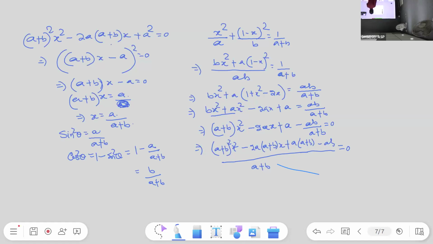Then write down sin to the power 8 theta upon a cube plus cos to the power 8 theta upon b cube.